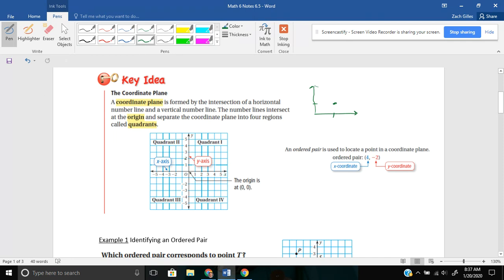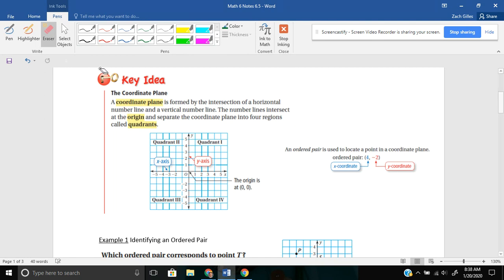And in a coordinate plane, we're dealing with all four. So we're dealing with this quadrant and also this one. And basically, all that is, let me just erase some of this.